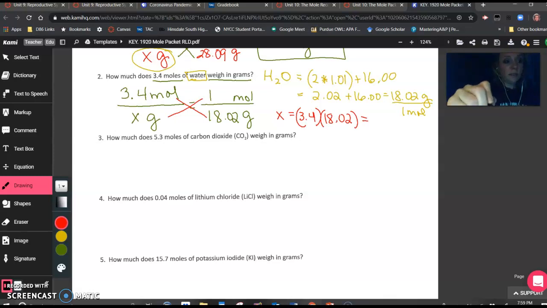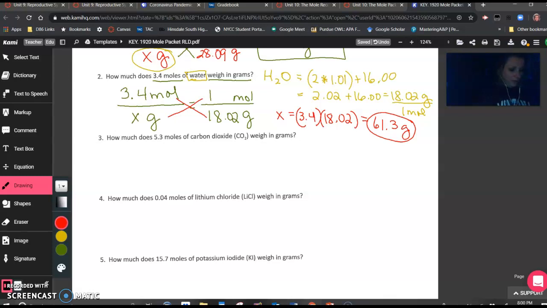And when I multiply those out, I get 61.3 grams. And so that's how much 3.4 moles of water would weigh.